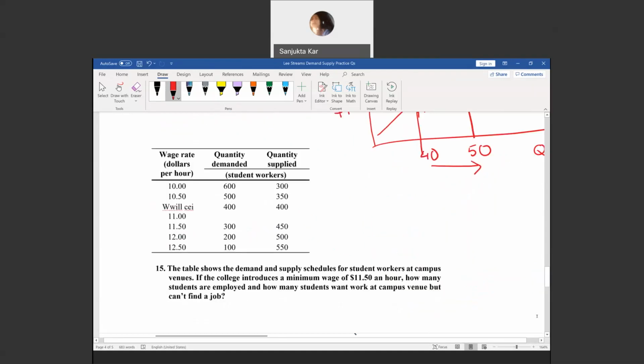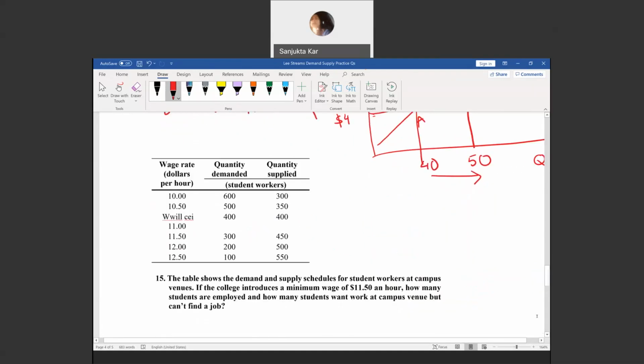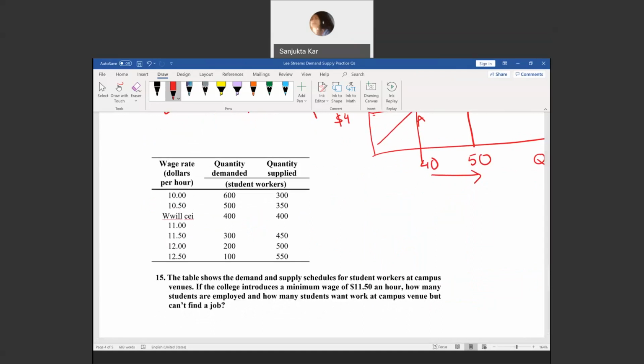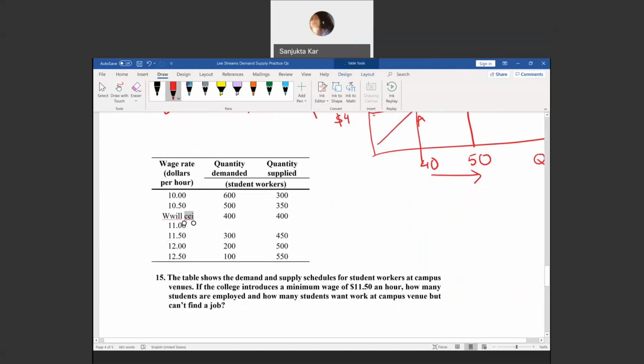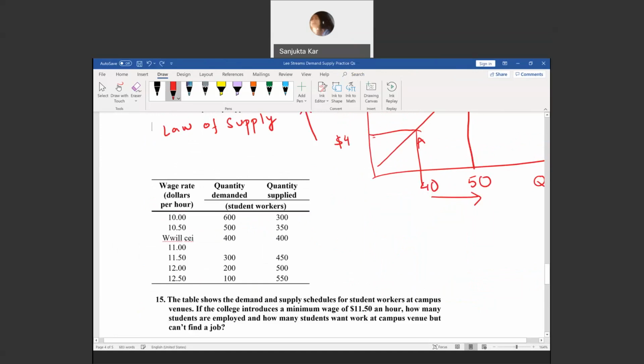Now, moving on to question number 15. This is a question on price ceiling.